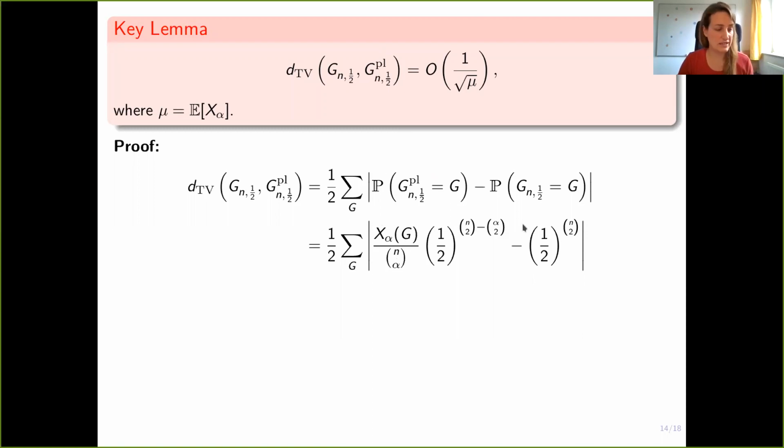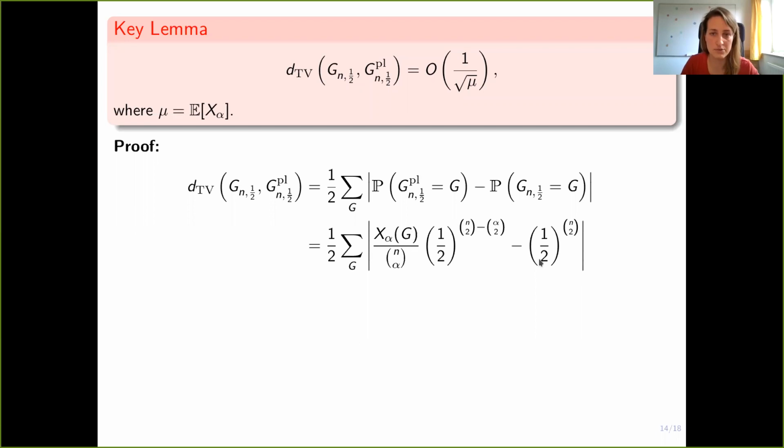And then the remaining edges have to come out as present or not present in the right way. So that has probability exactly a half to the n choose 2 minus alpha choose 2, for all the edges outside this special alpha set. And the second probability, hopefully we all know what it is. That's just a half to the n choose 2.